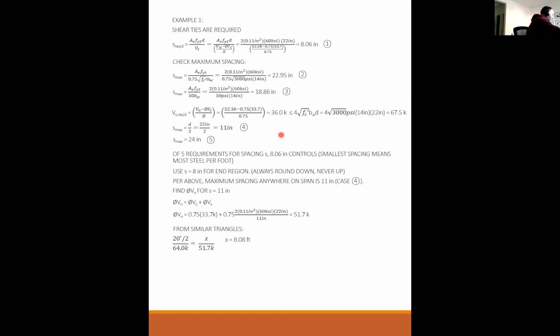So my capacity with number 3s at 8, my capacity, phi VN, is equal to 52.5 kips. Then it seems weird that it didn't change very much at all. 0.75 times 33.7 plus 0.75 times 2 times 0.11, 60, 22 over 11.